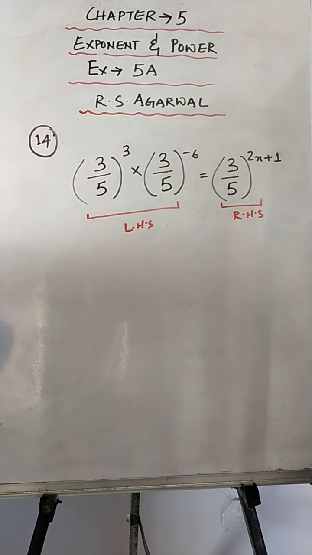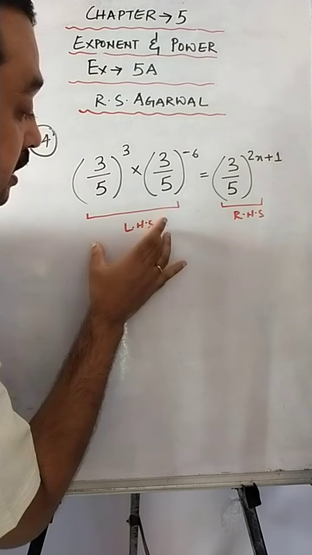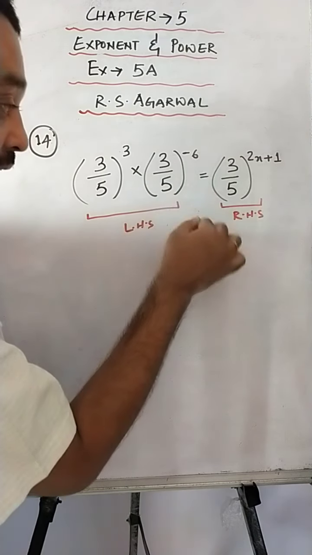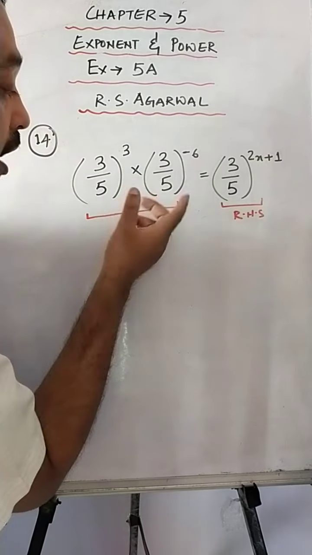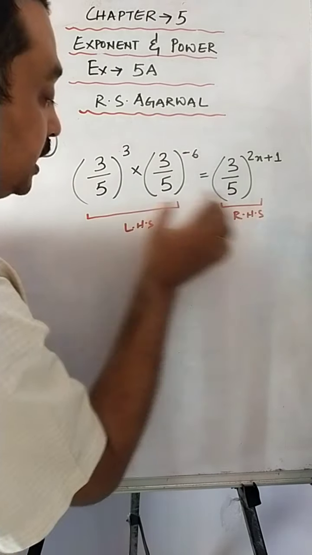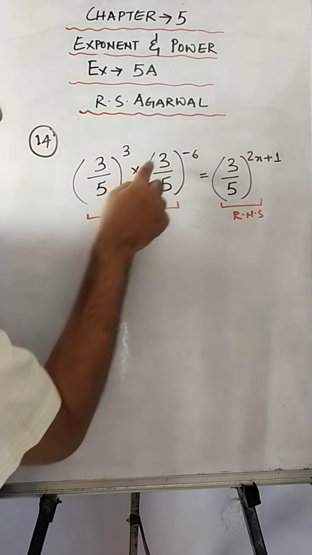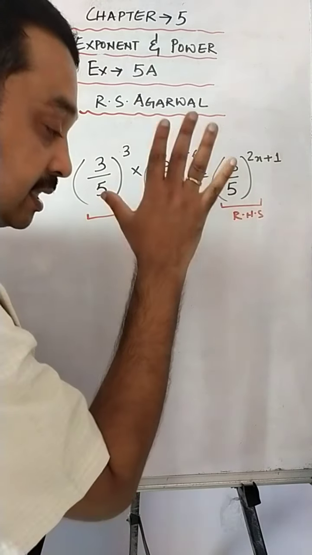Now in this type of question, the first thing that you will see is that on the left hand side all the bases are same. And the same thing you will do with the right hand side. You have to see whether on both sides the bases are same or not. So in this case you see the base is what? 3 by 5, 3 by 5, 3 by 5. So on both sides the bases are similar.